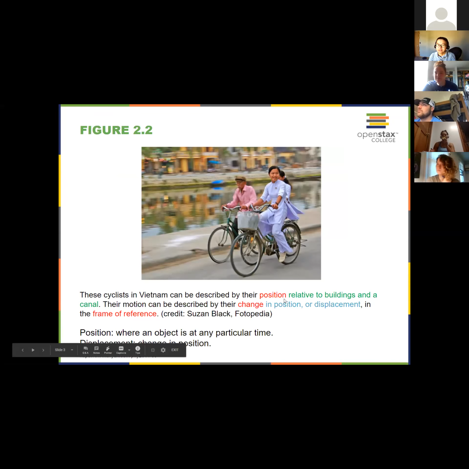And the position is basically described relative to a certain reference point, or reference object. In this case, it is relative to the buildings for the people in the picture shown here. Then if you know the position of an object at different times, you can calculate the change in positions, okay?